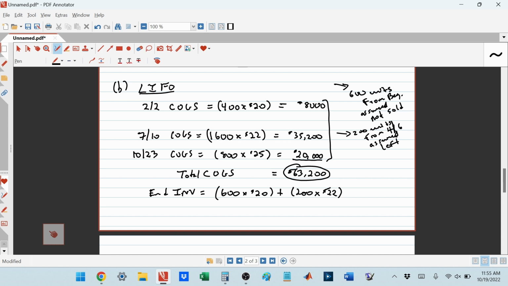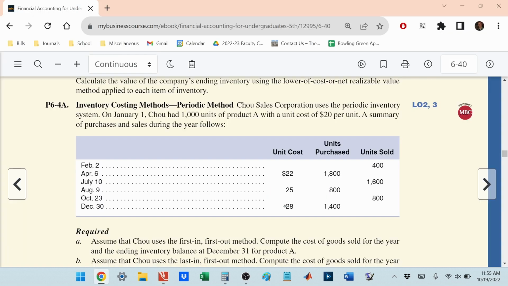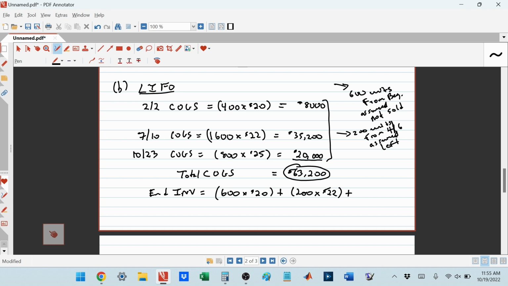So that's 800 of the 2,200 units that we've accounted for. And then the other 1,400 units that are assumed left at the end of the month must be these December 30th ones we purchased. So 2,200 units left at the end of the month, and these are the costs we would assign to those units.